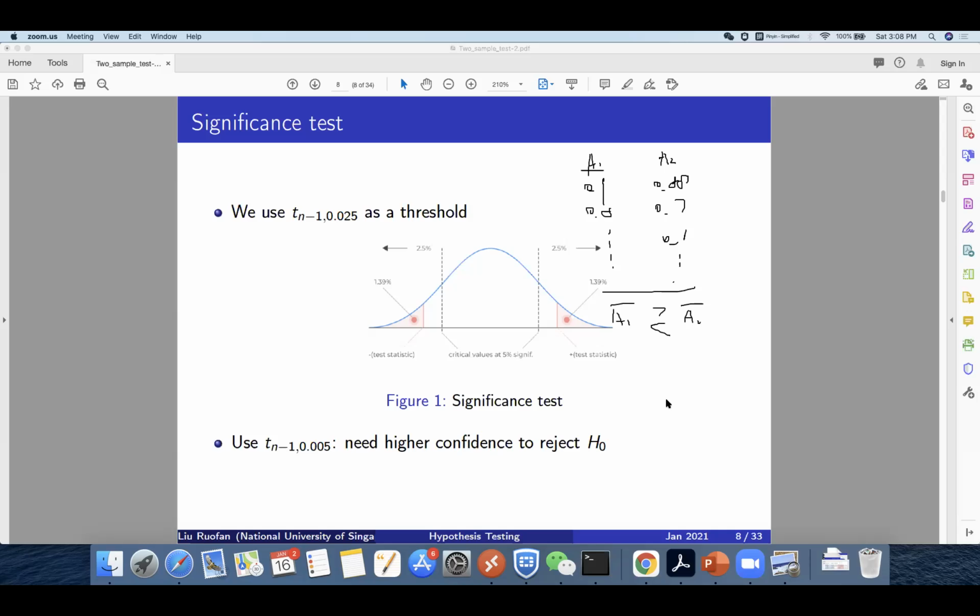Only by this can we have more confidence saying that approach A1 is statistically better than A2 if the average A1 bar is larger than average A2 bar. So this is the final goal.